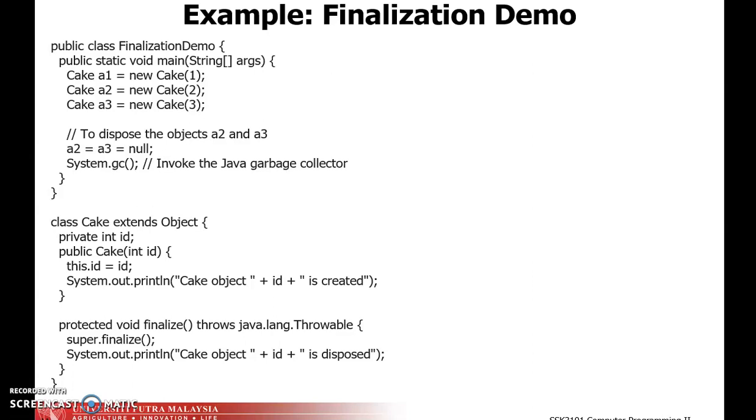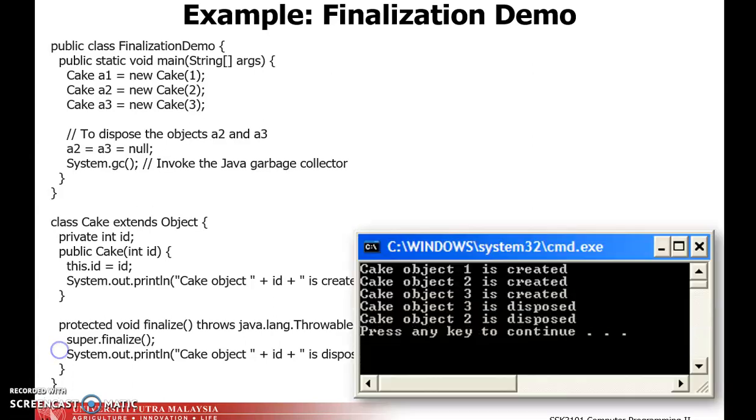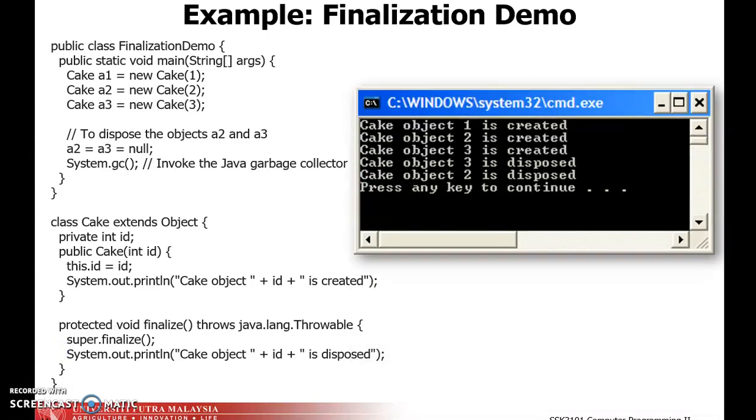Upon this operation, the program will execute the System.gc garbage collector method, that is the garbage collector, to clear up the space used from the memory. At the same time, the Java Virtual Machine will invoke the finalize method by default after detecting objects that become garbage and print out the necessary output. This will be the output of your program.